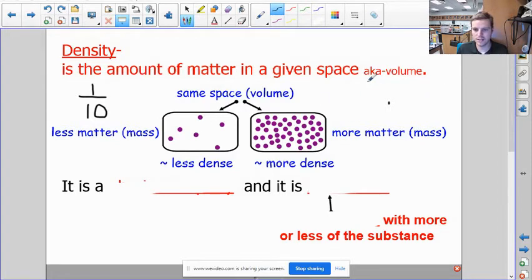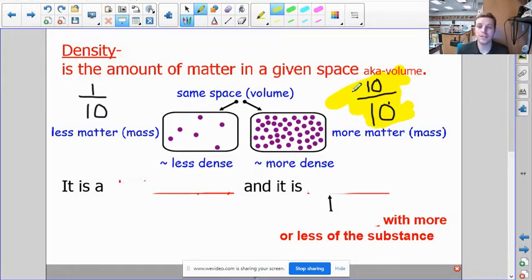The one over here has a lot more mass, so let's say it has a mass of 10. Because its space is exactly the same, its volume will still be 10, just like the other box. You can see how the density on the right is a lot higher than the density on the left. Why is that? Even though their space is the same, the box on the right has a lot more mass, a lot more matter in it.